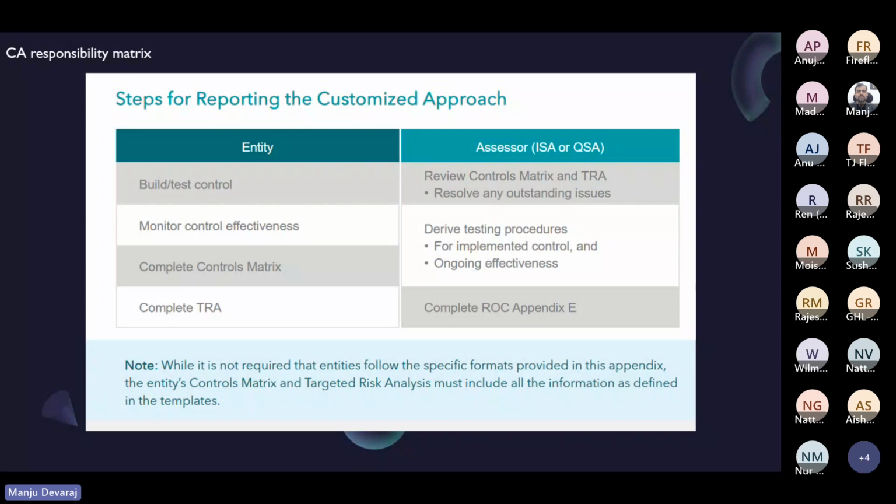The entity will build, test, implement and document controls, and monitor their effectiveness. They fill up the control matrix, do the targeted risk analysis, and provide all these results and documents to the assessor, who reviews them, develops testing procedures to ensure ongoing effectiveness, and puts the findings across.